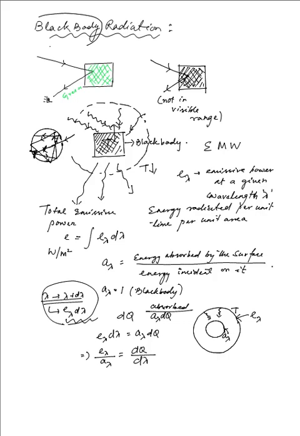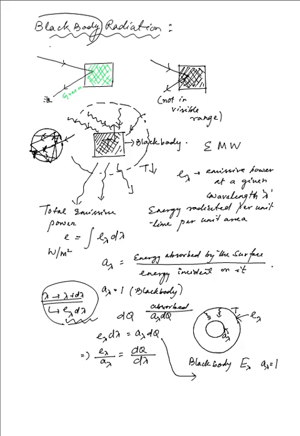Now consider the case of a perfect black body. For the black body, let the emissive power that it has be denoted as capital E lambda, and we know that the absorptive power is equal to 1. Now if we use this particular equation for the black body, then what do we have?